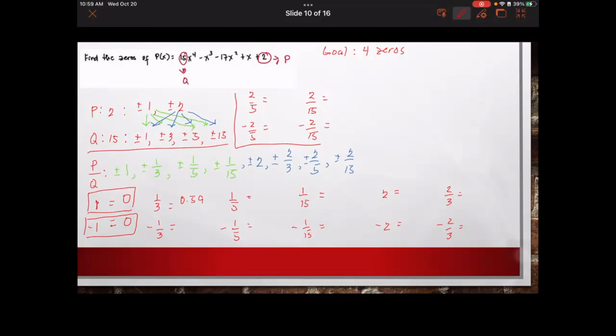How about negative 1/3? Yes, Ong. 0 po. This is 0. So, meron tayong 0.